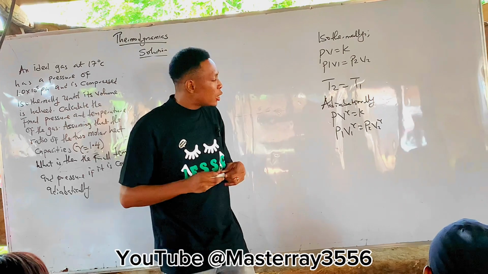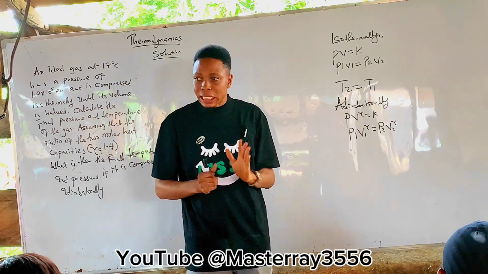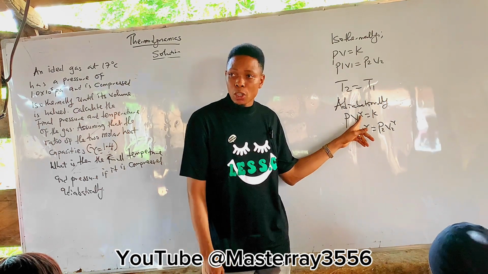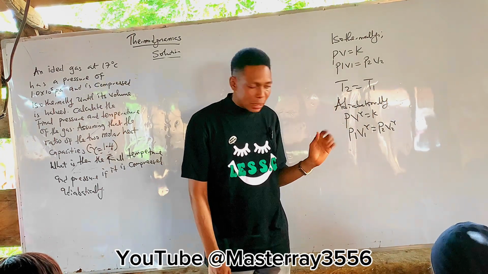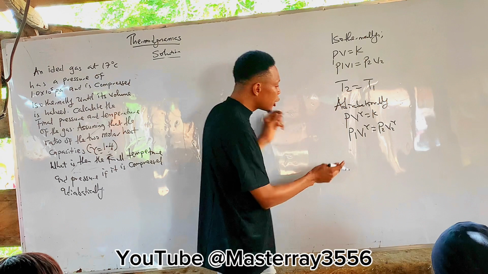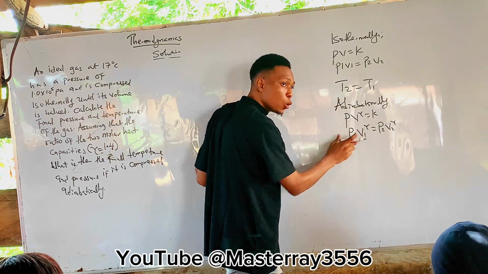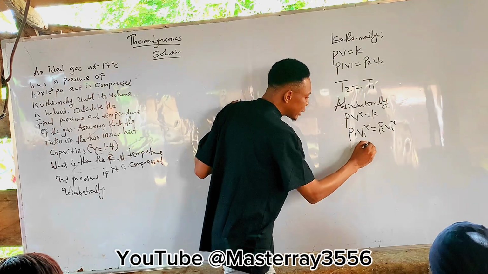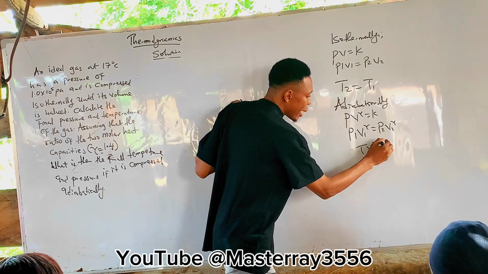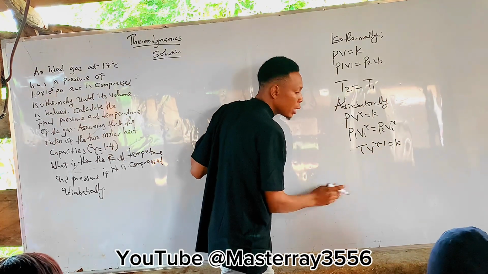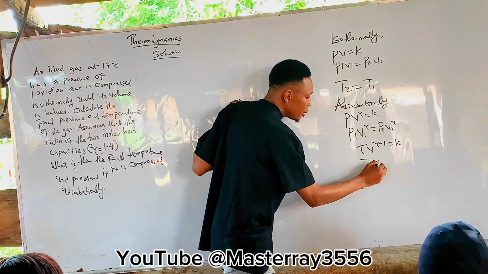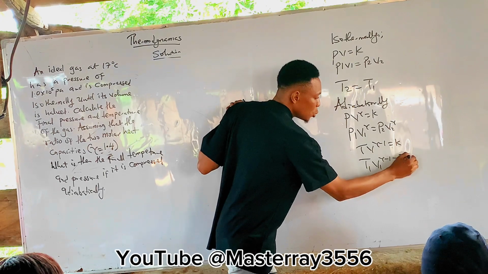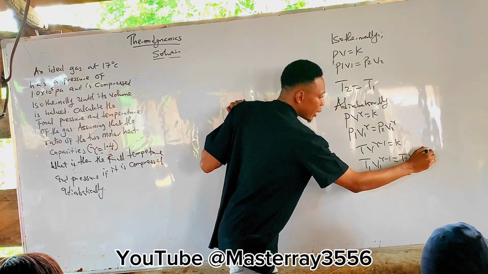Take note, it's only the adiabatic process that has something to do with gamma, the ratio of specific molar heat capacities. This is the relationship between pressure and volume. We also have a relationship between volume and temperature. That is TV^(gamma minus 1) equals K. That is T1 V1^(gamma minus 1) equals T2 V2^(gamma minus 1).